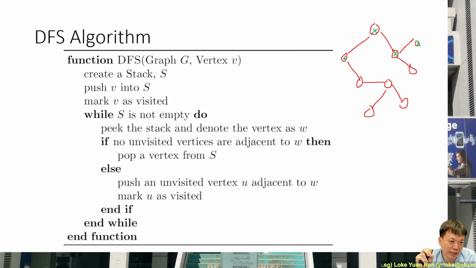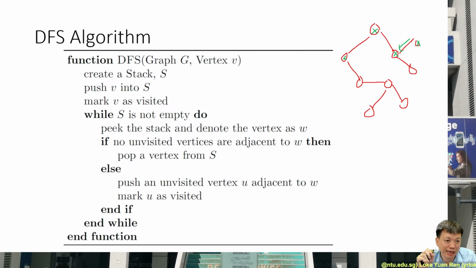As long as there's an adjacent node which is unvisited, I will try to travel as far as I can until I reach the point where there are no unvisited nodes. Then I will backtrack.